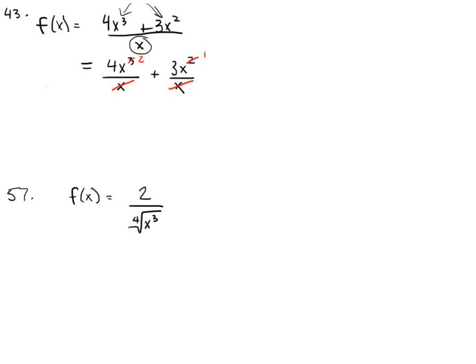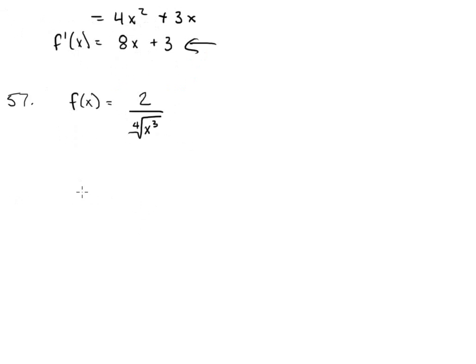So I get that this is equal to 4x squared plus 3x. So my derivative of this with respect to x is going to be 8x plus 3. That's what my derivative is equal to.